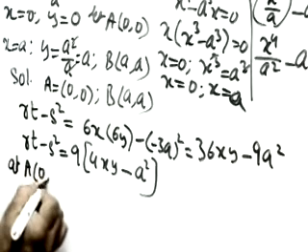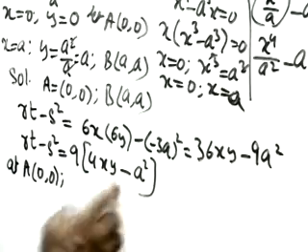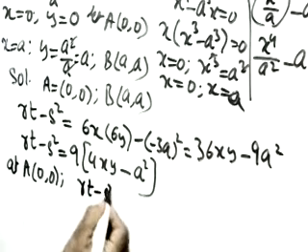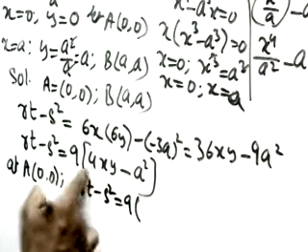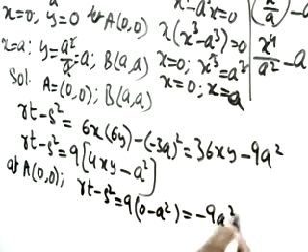Let me do one by one. Let me substitute first at A: 0 comma 0. If you substitute x value 0, y value 0, so rt minus s square equals 9 into 0 into 0 minus a square.